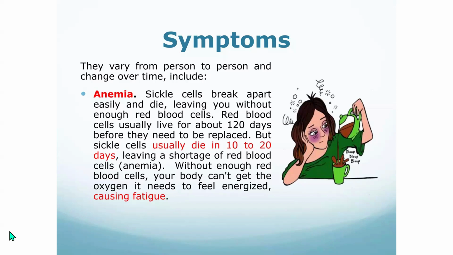So if there is low oxygen delivery, you will not get enough energy in your body. As a result, you will not be energized and your body will be fatigued. And that's one of the major reasons that cause the crisis of sickle cell anemia, because there is no production of enough energy. So that will lead to fatigue.